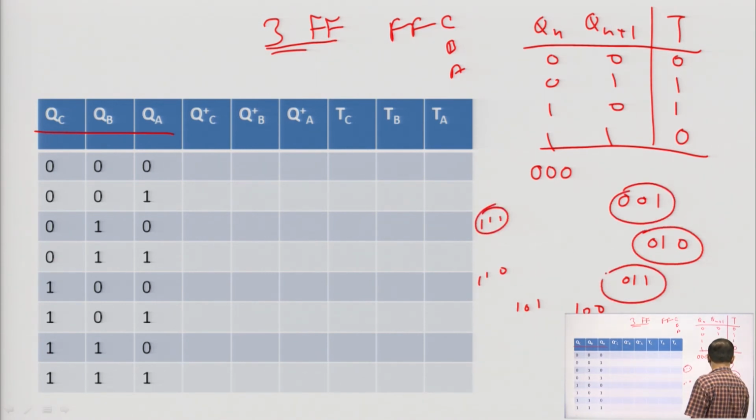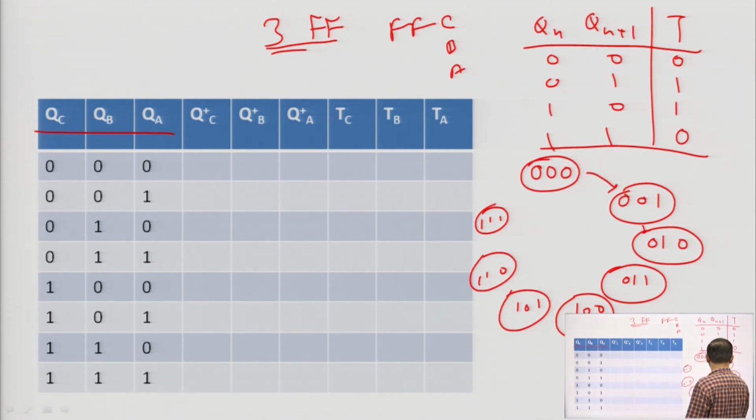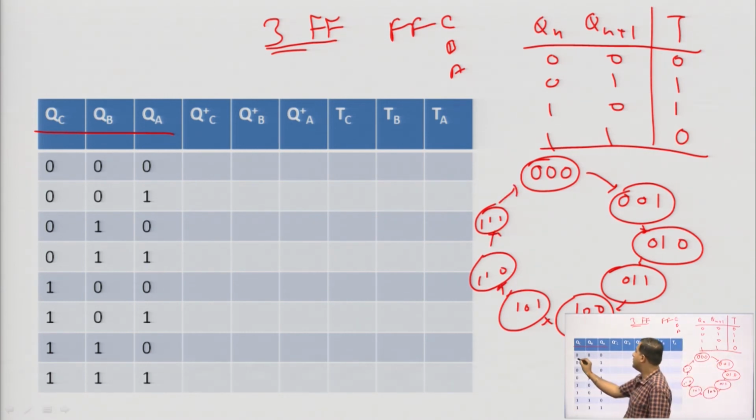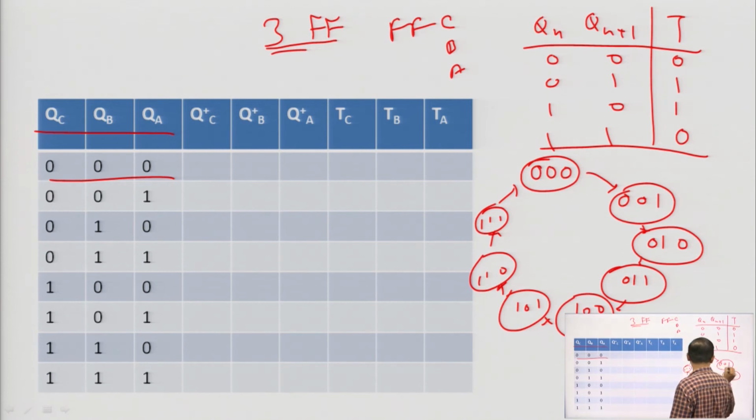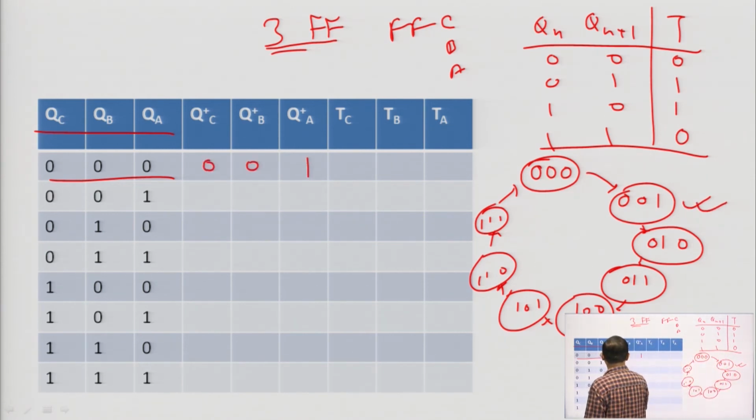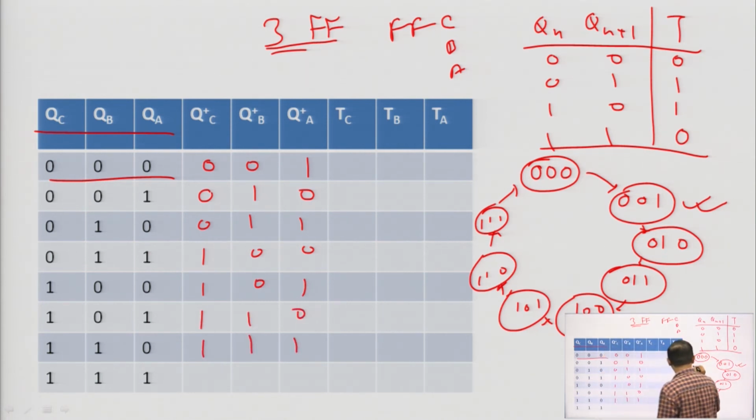I am writing both so you can understand easily. So, up counting like this. What will be the sequence? If 000 is the present state, the next state will be 001. Like that we write 011, 100, 101, 110, 111, and the next state for 111 is 000.